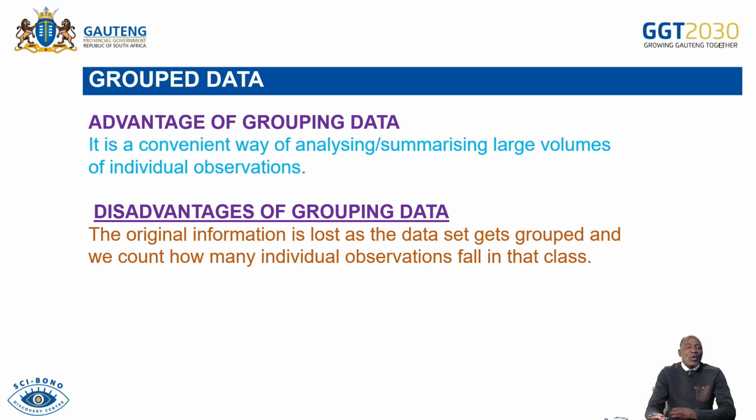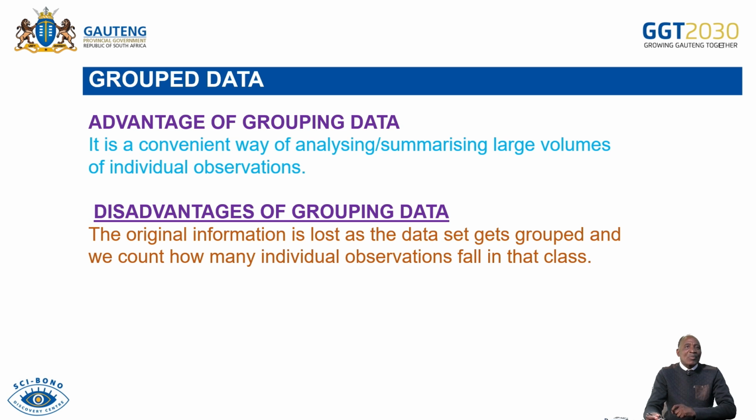So if you were to draw a graph, it means you are obviously going to have 200 bars there. And you might even find that each bar will have a frequency of 1 because you are the only one who has that particular mark. And under each bar is going to be your name. So to avoid such, we sometimes decide as statisticians to say, why not group our information?